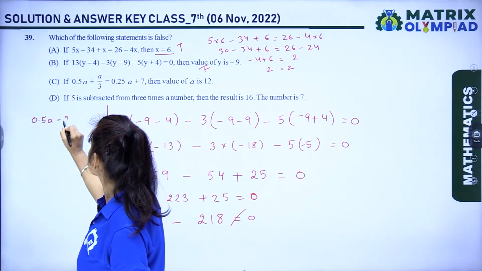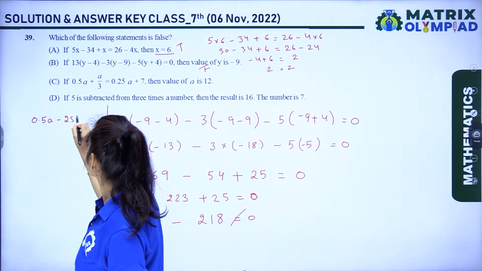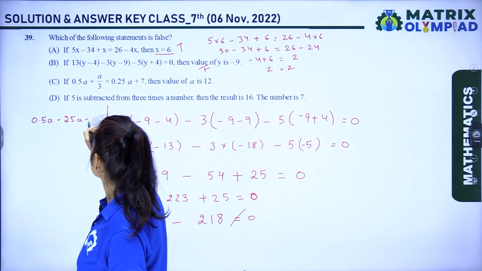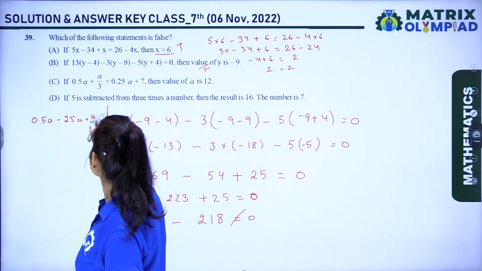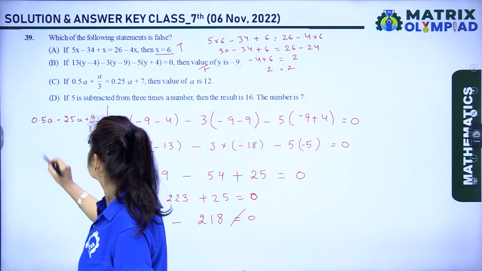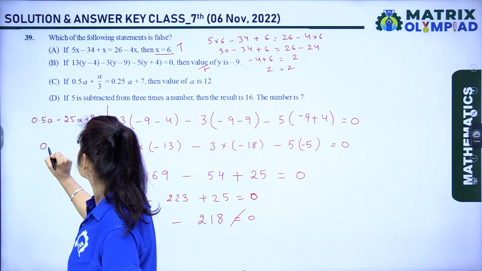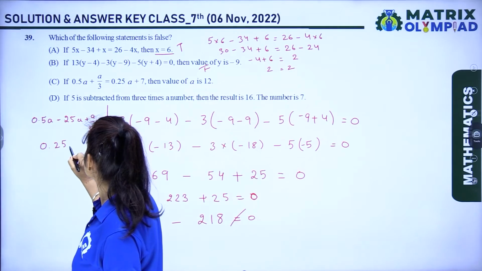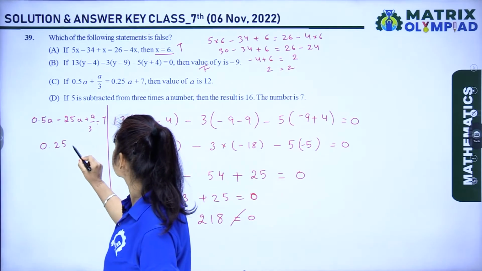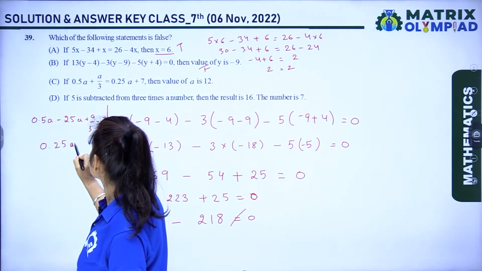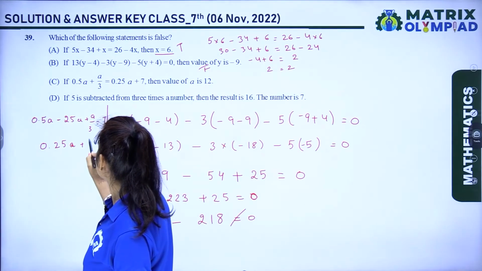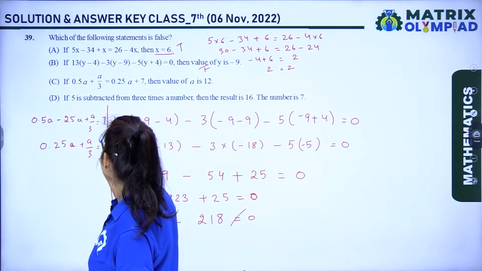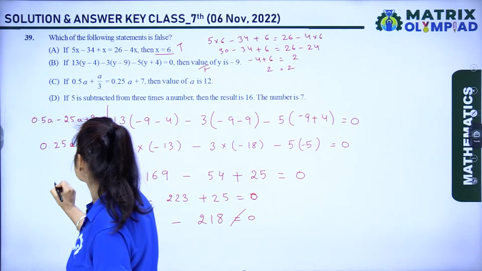0.5a transposing, 0.5a plus a upon 3 is equal to 7. So here we get 0.25a plus a upon 3, that is equal to 7.